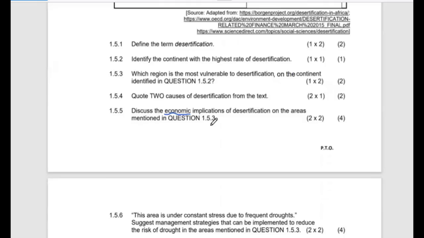You can talk of the implication in agriculture. It reduces the agricultural yield and hence low income for the farmers. Or you can talk of its impact on food prices, and hence people will be made to pay more in terms of food commodities because of a shortage which is going to be created by desertification.